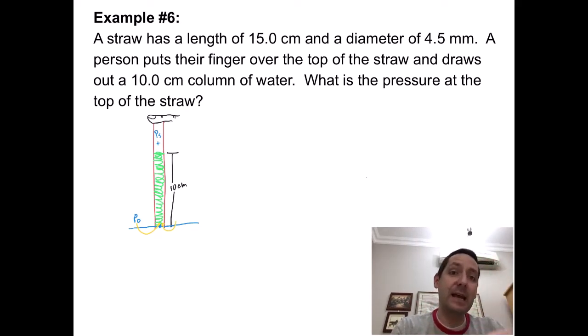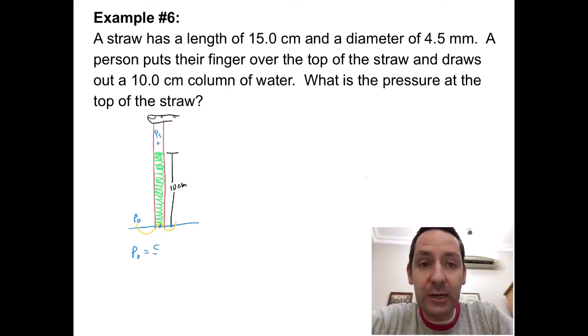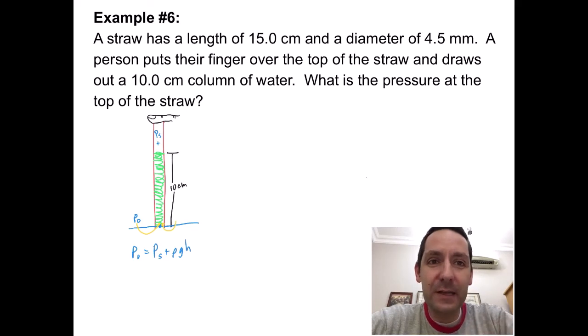And so the PS has to be a lower pressure than the P naught. And so we can just write this out, right? We can say that P naught is equal to the pressure inside the straw plus rho g h, right? These two things, pressure inside the straw and then the liquid there.